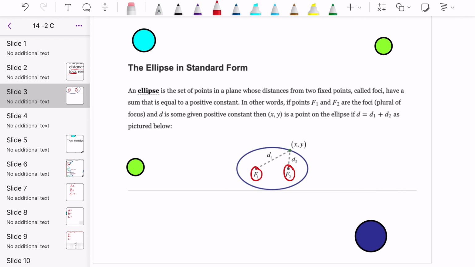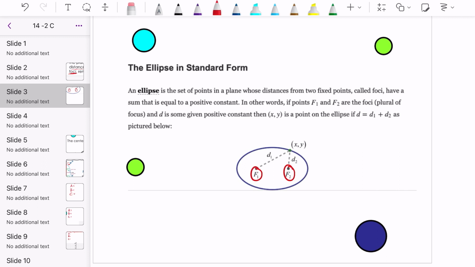Keep in mind, when we talk about multiple focus, it is called a foci, which is why, when we talk about the foci of an ellipse, we're referring to both points within it.